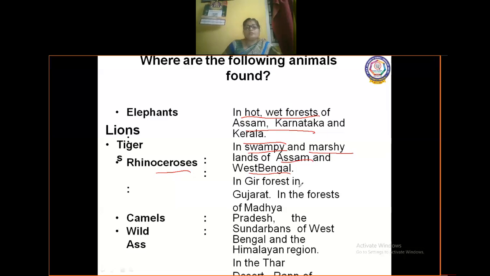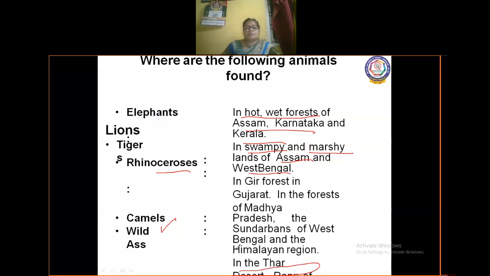So in Gir, Gujarat, you can see the lion. Camels, of course, in Rajasthan, in the Thar desert, you can see the camels. Camels are very important for the desert region, the Rann of Kutch area.